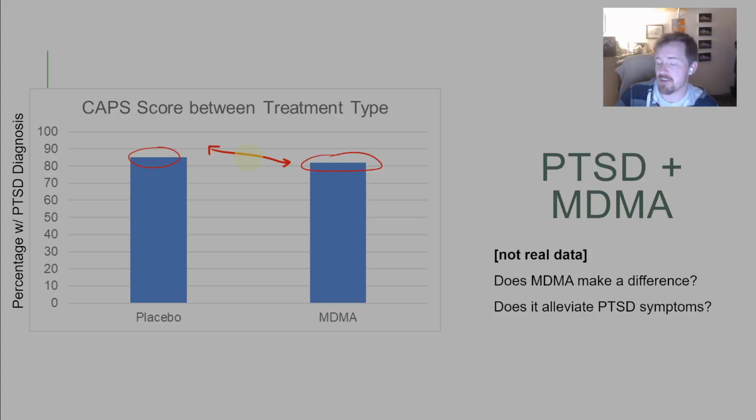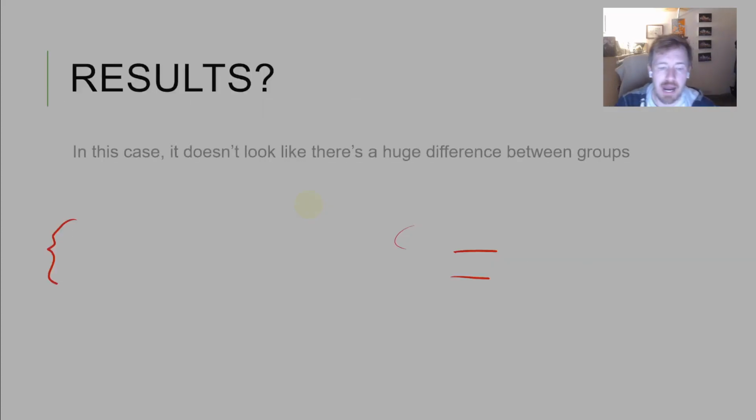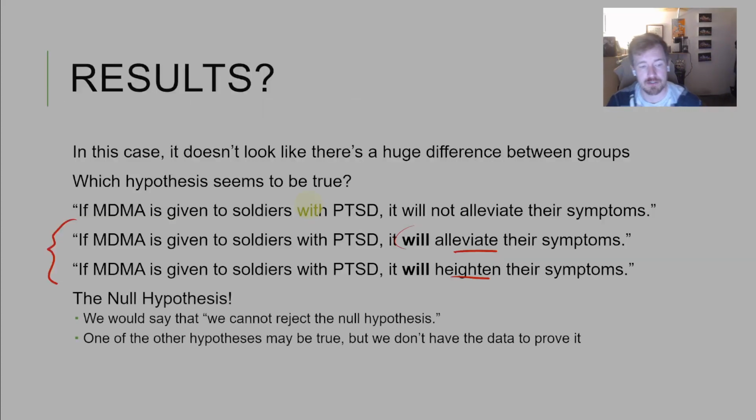If I give somebody MDMA, I don't think they're likely, by chance, to say their PTSD is better, because when we compared with the control group, the placebo group, there's only a 3% difference, which is not very much, right? So if I were looking at this, I would run some stats on it and probably conclude, oh, I can't reject the null hypothesis.